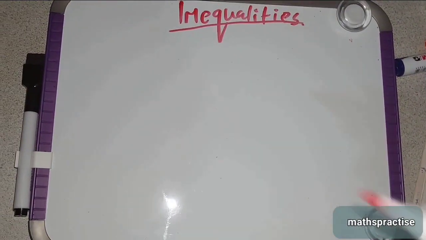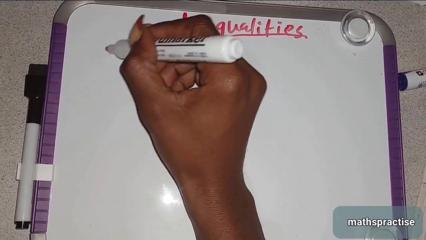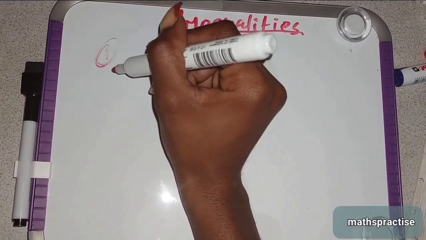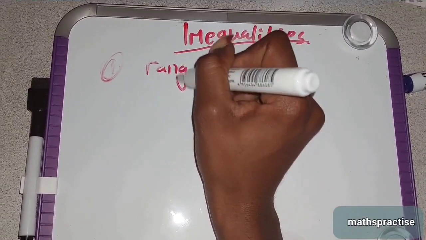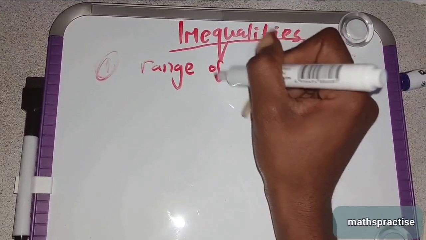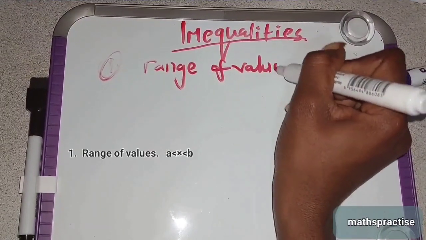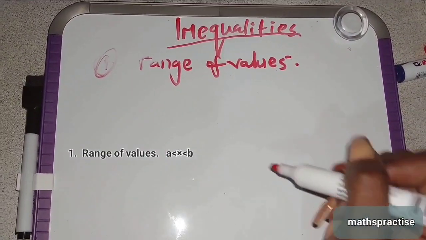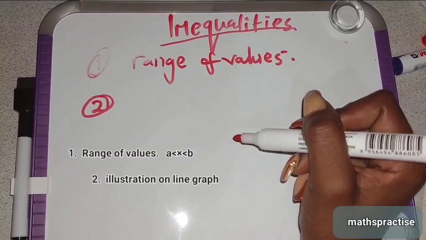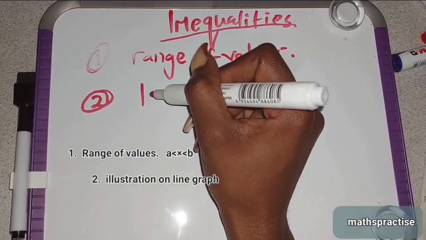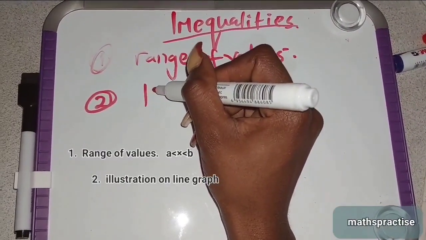So the first thing is number one, the range of values, right? That's the first thing. Then the second thing, we are looking at illustrations on number lines.